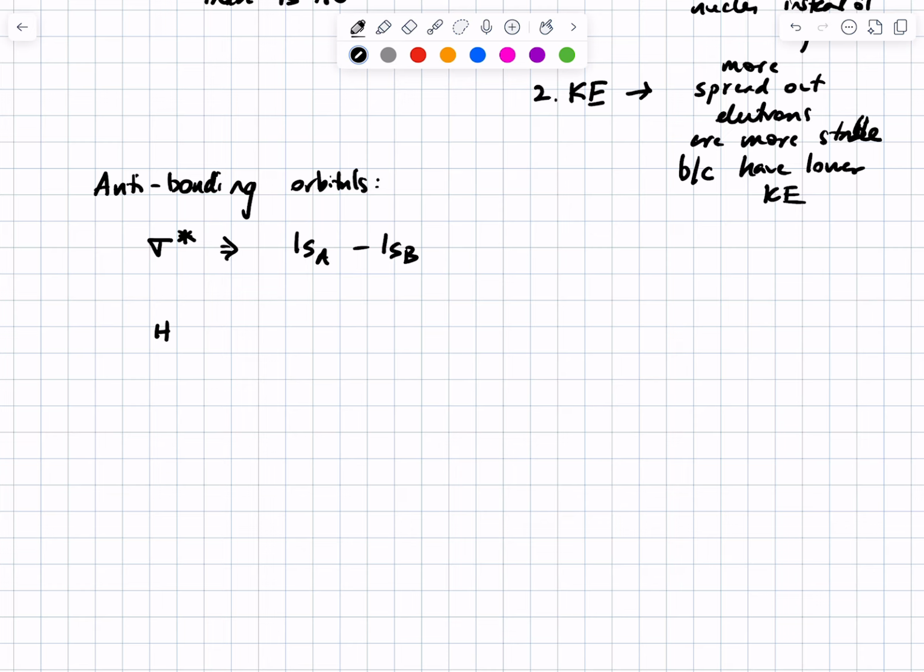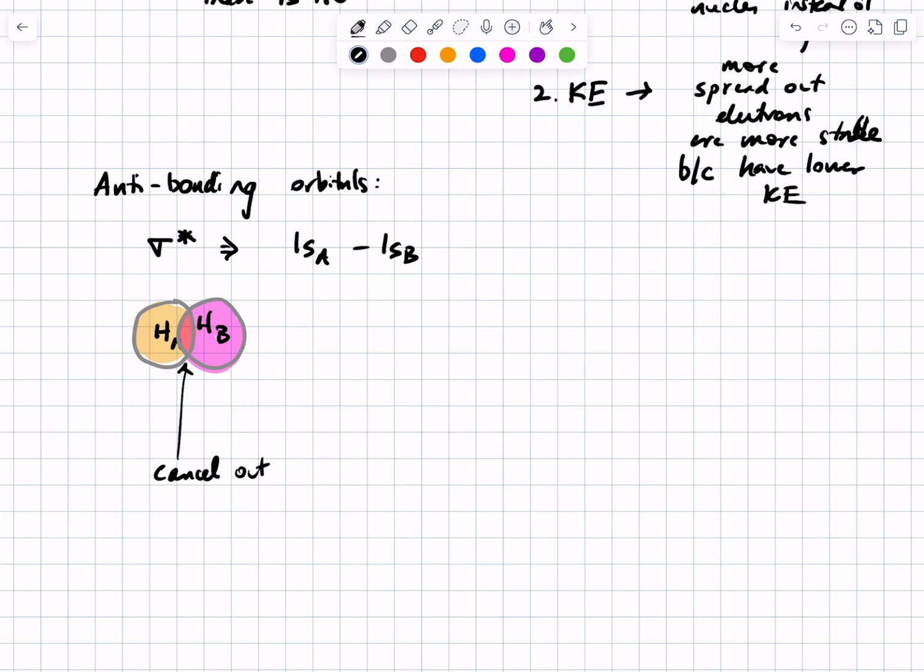Conceptually, you bring together hydrogen A with hydrogen B with opposite wave function sign. And as they approach each other with opposite wave function sign, the wave function is going to cancel out where the two overlap.